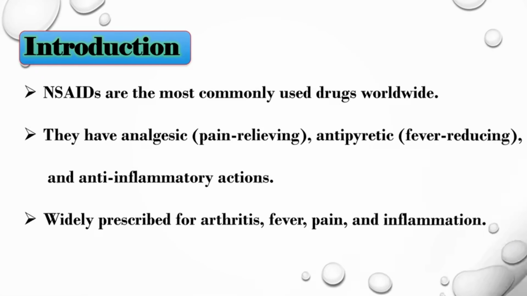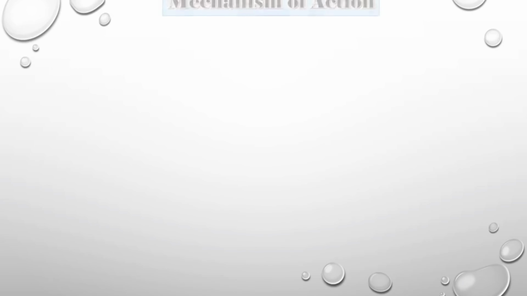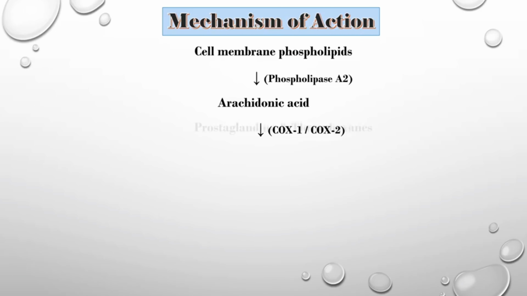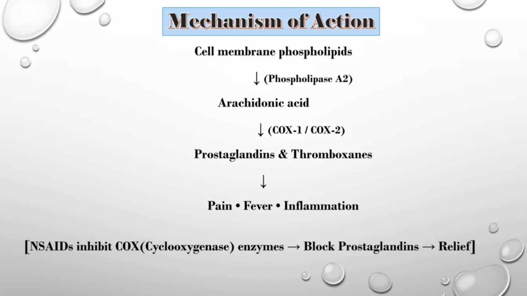Next, mechanism of action. Now, how do NSAIDs work? They act on the arachidonic acid pathway. Normally, phospholipids from the cell membrane release arachidonic acid.